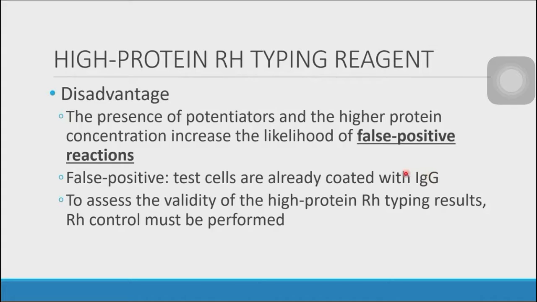The false positive reaction here is due to the tendency of the IgG-coated cells to agglutinate on their own without the addition of anti-D. So the false positive with this typing reagent occurs because they are already coated with IgG, meaning there is a tendency for spontaneous agglutination.